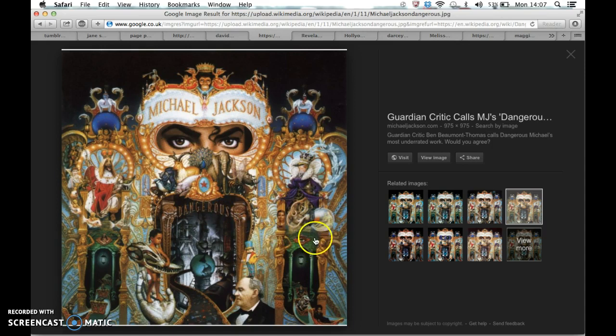Then, of course, here you have the Illuminati Eye of Horus. And then over here you have the Skull and Bones Society thing. And then, if you look there, there's an elephant again, look.